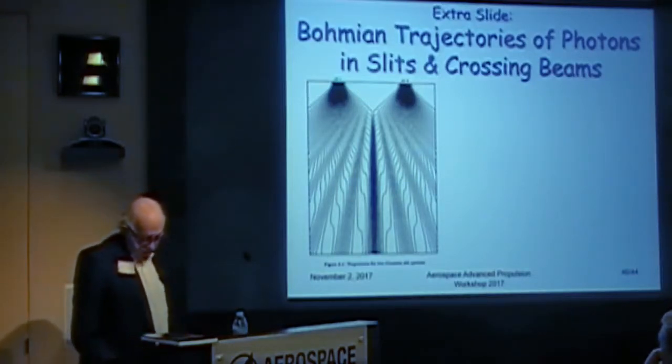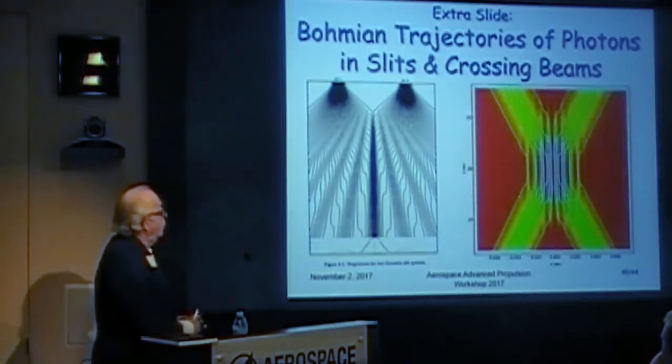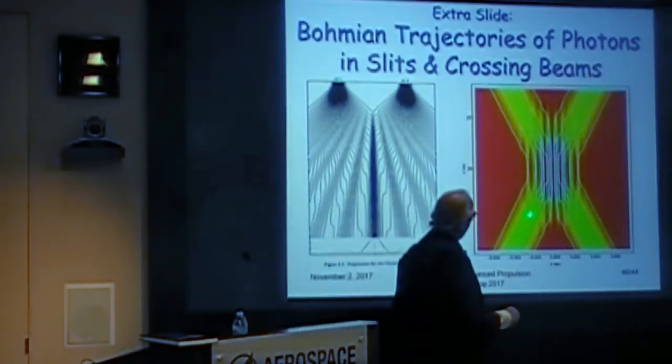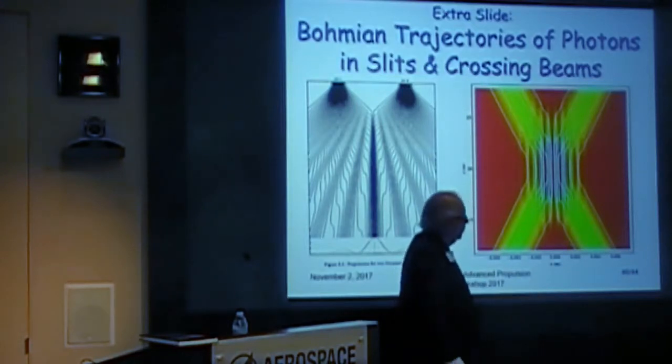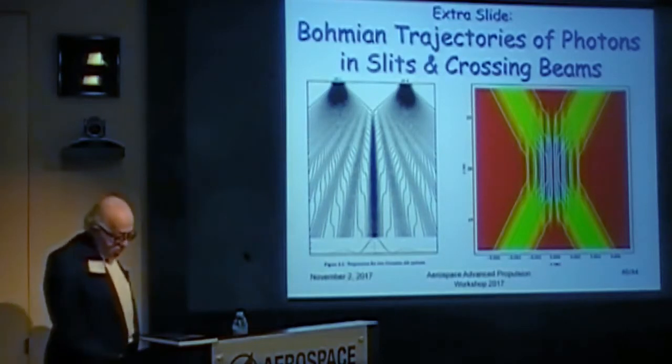I figured out how to calculate these things for a cross laser beam, and what I found was that if you take a pair of laser beams and cross them so that they interfere, the Bohmian trajectories turn the corner like this and they never cross over there either. So I propose an experiment for testing and falsifying the Bohm interpretation.